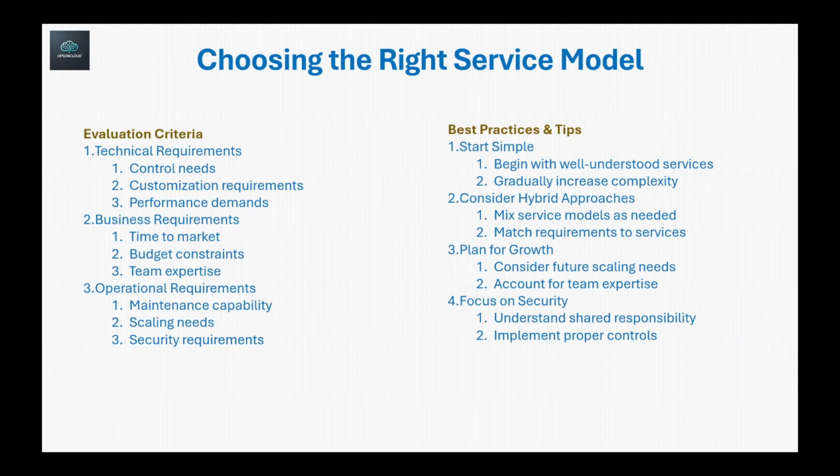IaaS usually requires patching and updates because you are responsible for your compute service. Even though virtualization is provided by the cloud provider, you will maintain the infrastructure. So that requires continuous maintenance and management for patching and updates. PaaS and SaaS reduce maintenance for it. That is the definition.